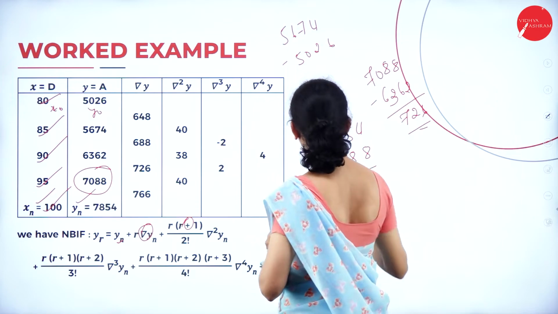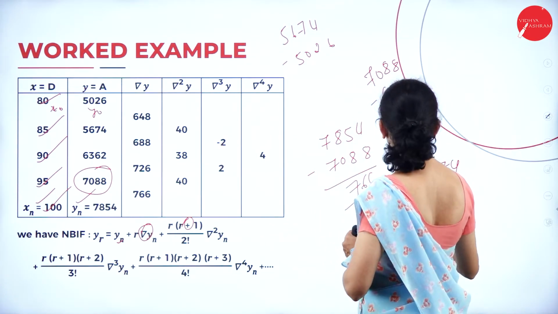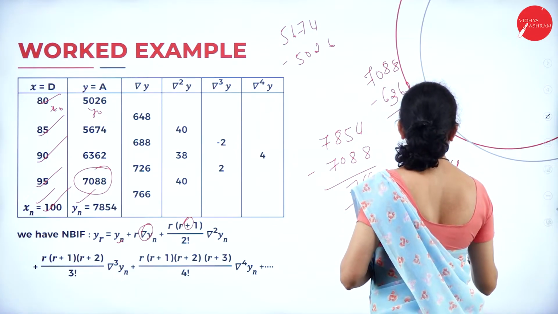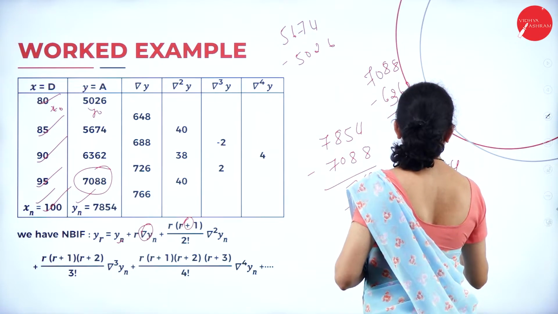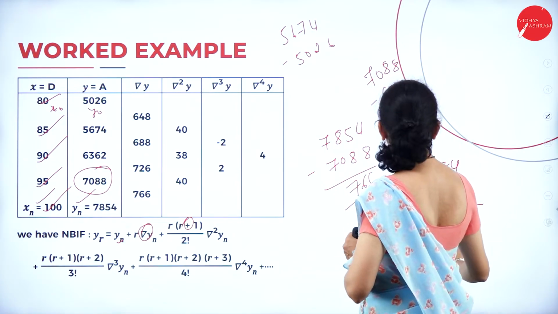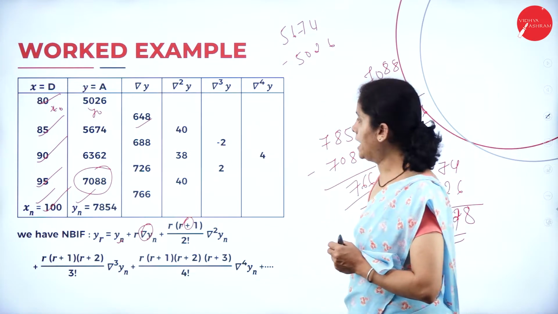There I have taken 5674 minus 5026. Okay, then 8, it is 2, 6. So, I am going to get the answer 648.